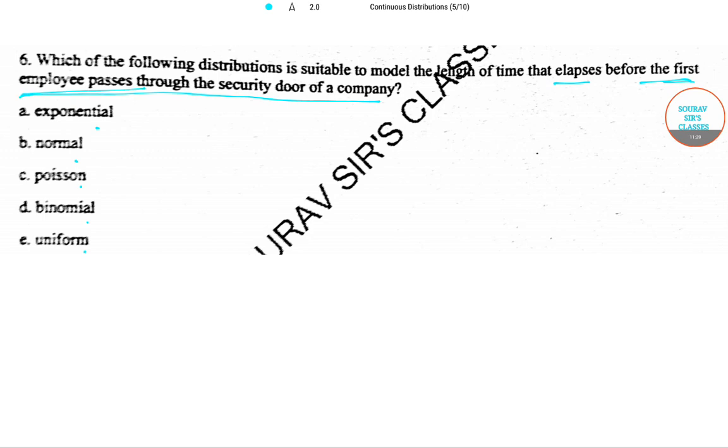For such cases, like the probability that an employee passes through the door, you use Poisson. It is a Poisson process. But for a Poisson process, the time between the events occurring, that is the waiting time, follows an exponential distribution.